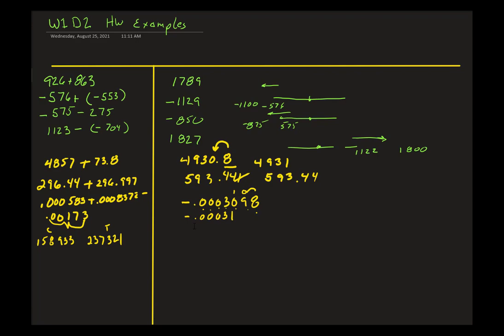Let's turn this around. So we've got 237,321 minus 158,933.